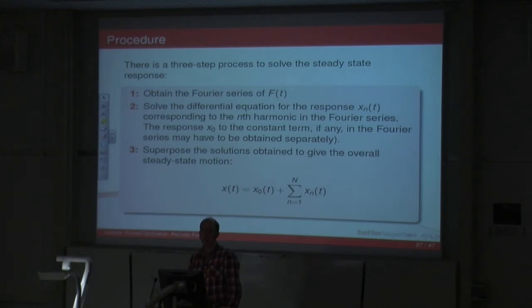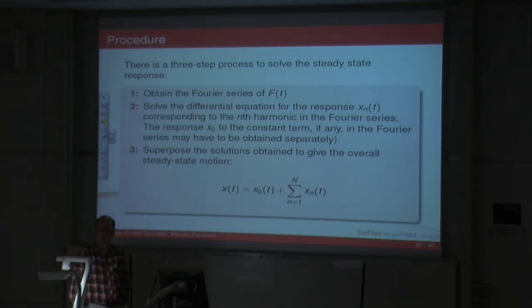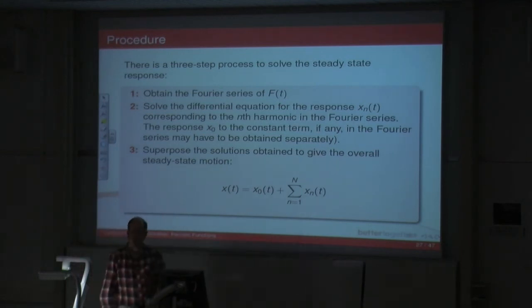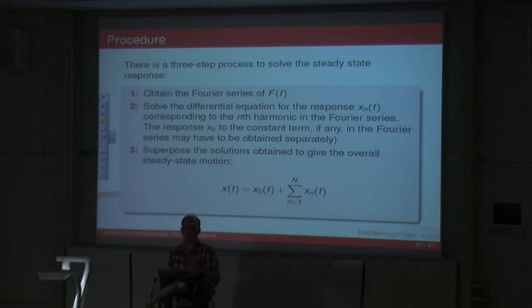So just to recap, the process to go through is you need to find a solution to the forcing function, that being the Fourier series in this case. You then go through and you solve for x for every value of n that you've got.